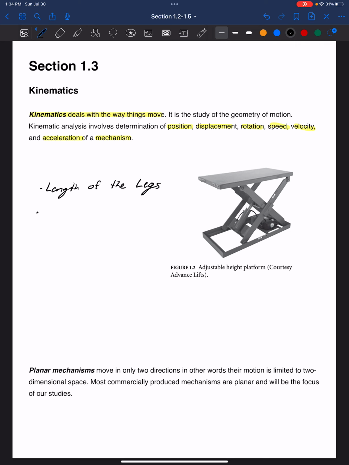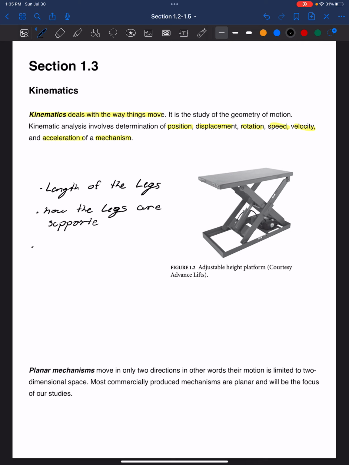We'll also be looking at how the legs are supported. They have pins here, and we're looking at how the legs actually connect to each other. This pin here connects these two legs. There's also a cross member here connecting this hydraulic actuator.